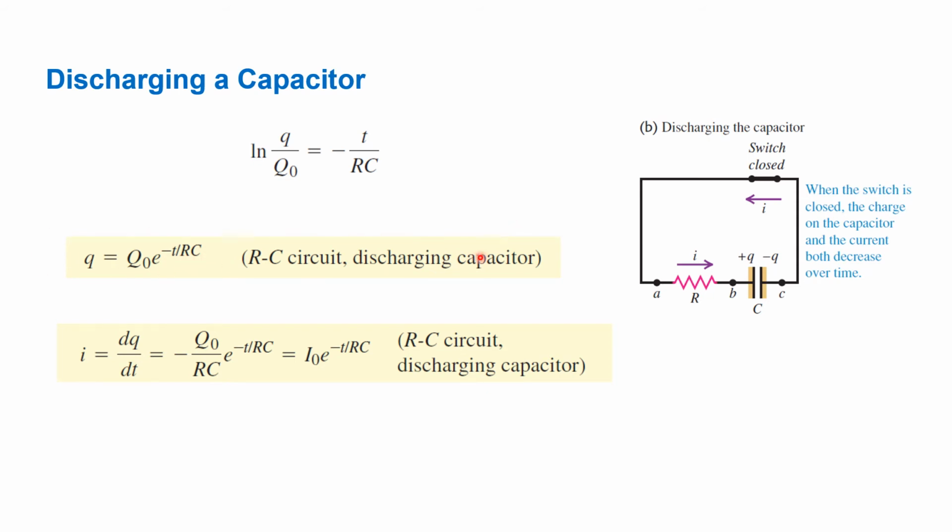And then your I, which is equal to dQ over dt, is equal to negative Q naught over RC e to the negative t over RC, or since Q naught over RC is just your current I naught, your I is equal to I naught e to the negative t over RC. These are the equations for your time varying Q and your time varying I for your RC circuit when you are discharging your capacitor.